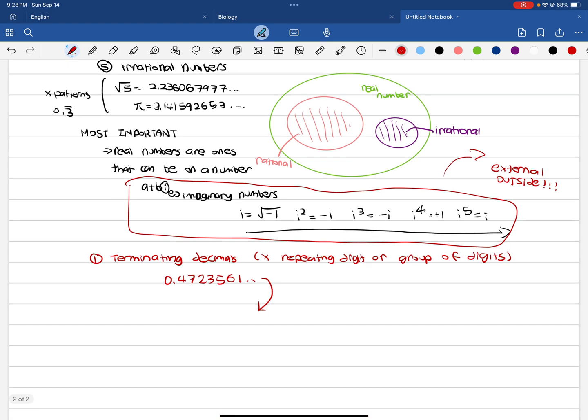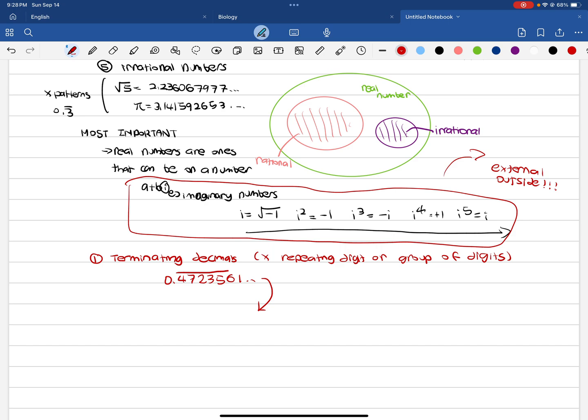This would be considered as repeating decimals, but only if it is like 0.4723561 and then 4723561, and it goes on like that. Basically, the bar over the digits means that all of those digits repeat infinitely.